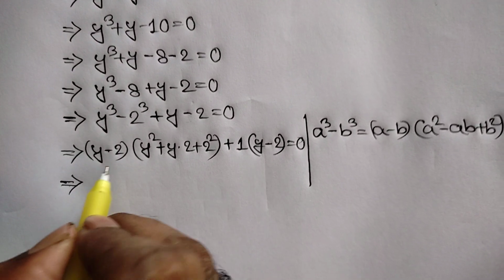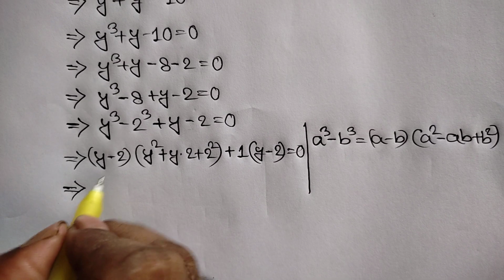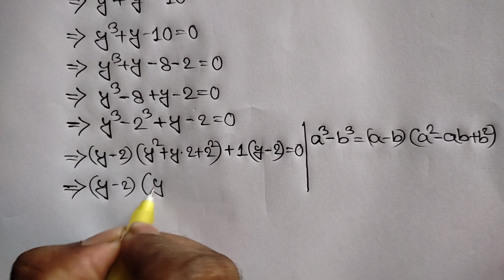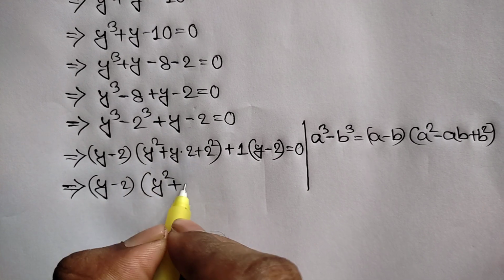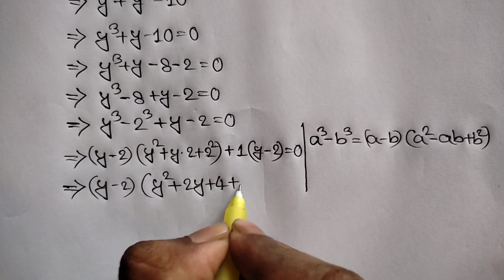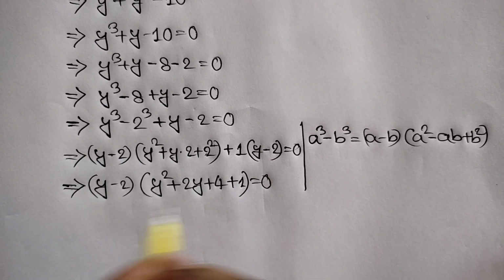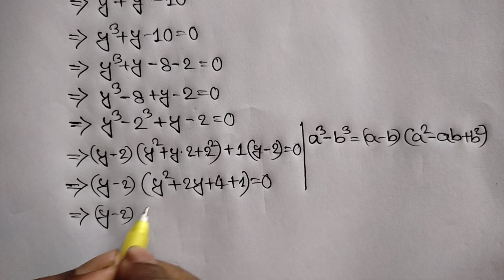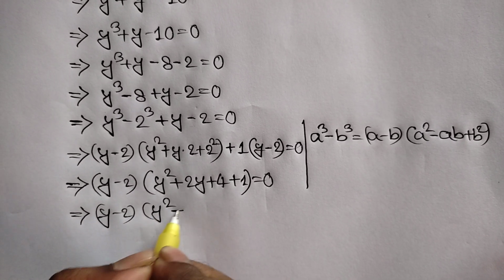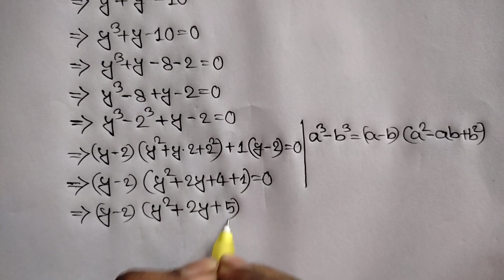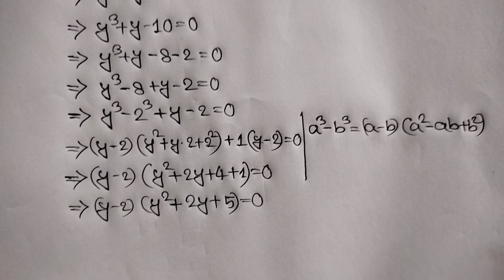Now taking common y minus 2, here we can write (y minus 2) times (y square plus 2y plus 2 square, that means 4, plus 1) is equal to 0. So (y minus 2) times (y square plus 2y plus 5) is equal to 0.